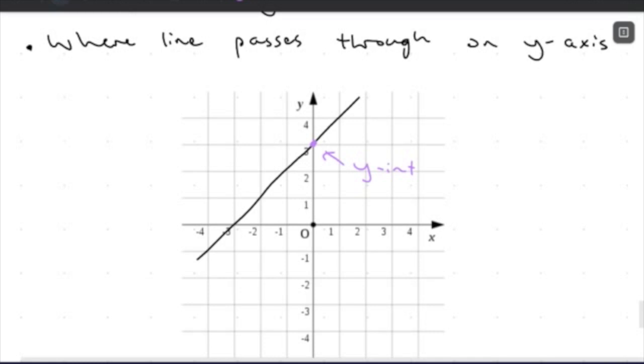Now, why is this important? Well, not all graphs pass through the same value of y. For an infinite number of linear relationships, we can have a bunch of different y-intercepts, a bunch of different points where our graph passes through the y-axis.